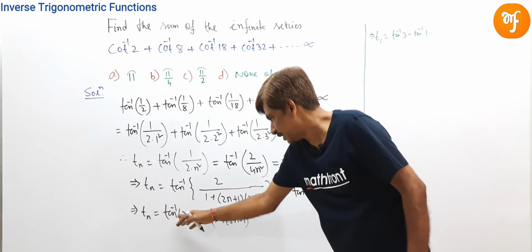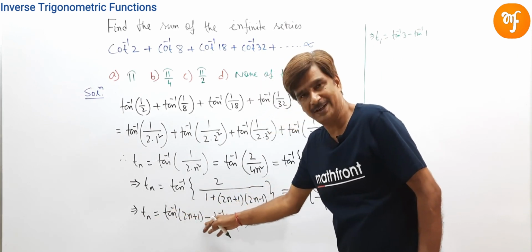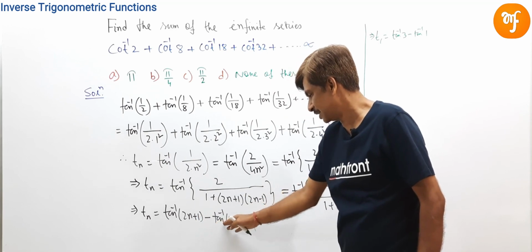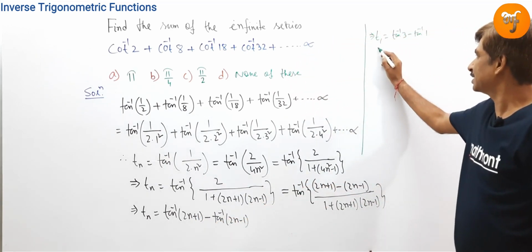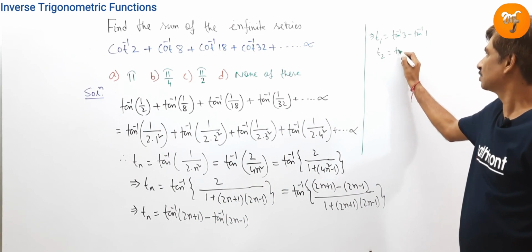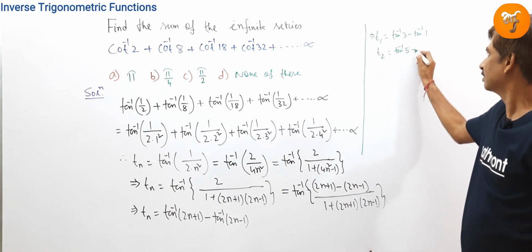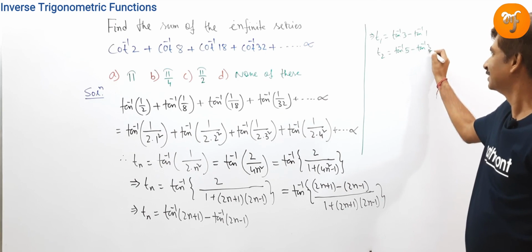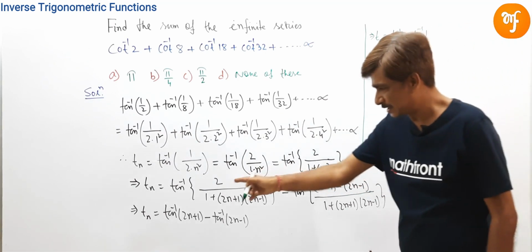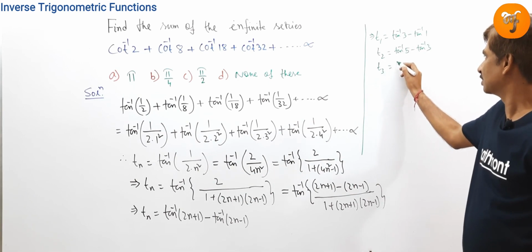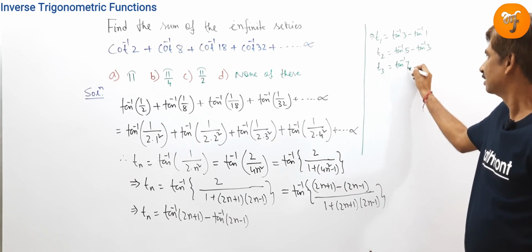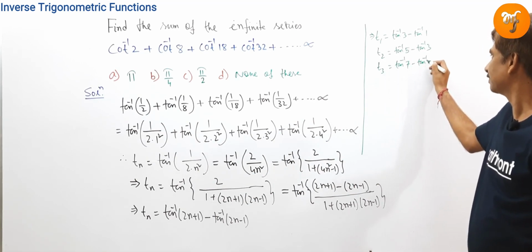So T1 will be tan inverse of 2 into 1 plus 1, that is tan inverse of 3, minus tan inverse of 2 into 1 minus 1, that is tan inverse of 1. Similarly, we get T2 is equal to tan inverse of 5 minus tan inverse of 3. Similarly, substituting n by 3, we get T3 is equal to tan inverse of 7 minus tan inverse of 5.